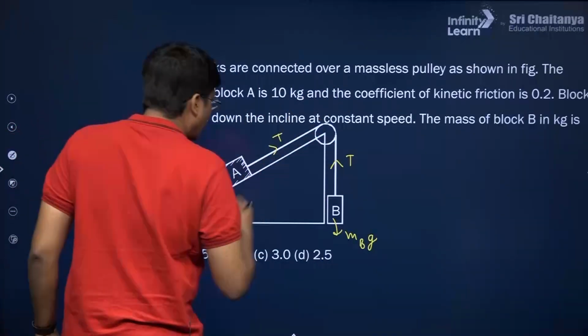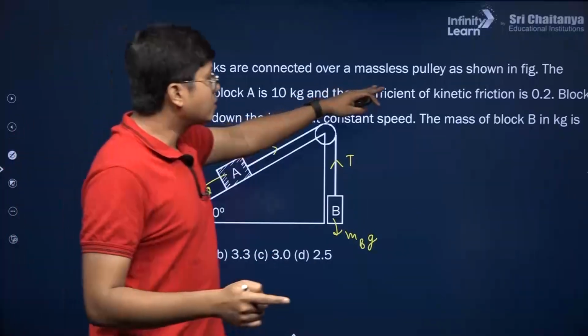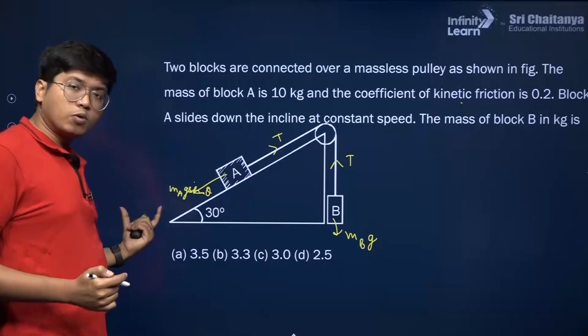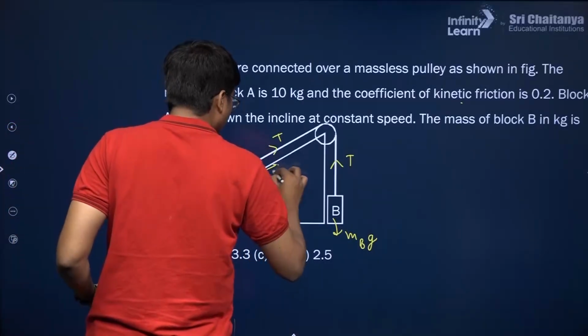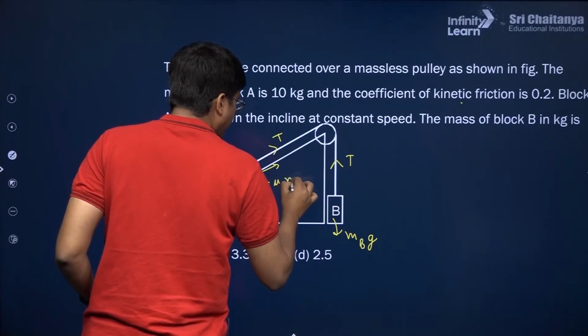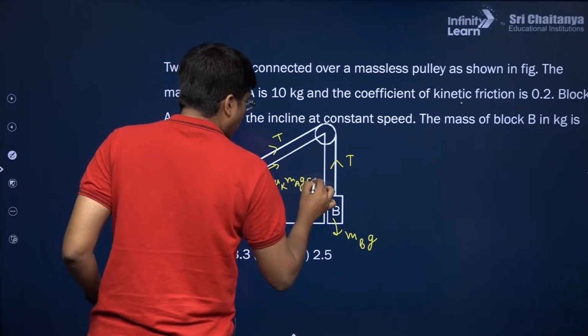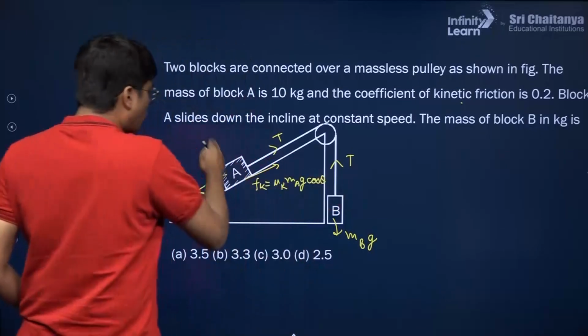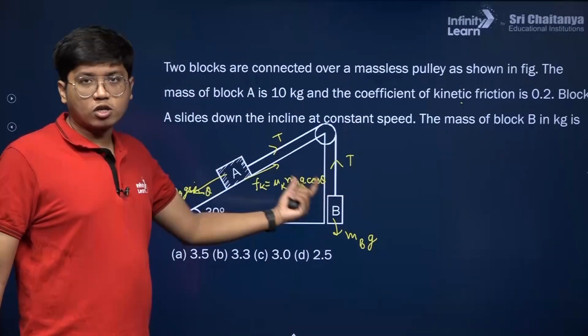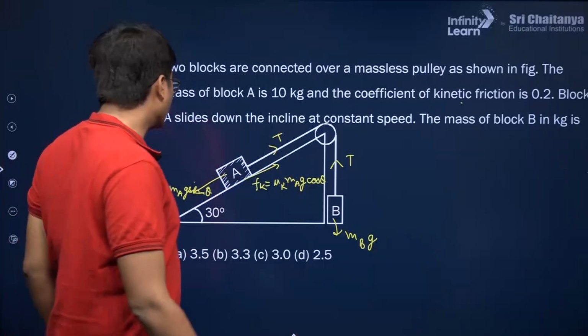So we know the tension value, and I also know that there is going to be a kinetic friction in this direction because it's sliding down. So the kinetic friction Fk would be equal to mu k into MA G cos theta. Because the cos theta component was perpendicular, the normal reaction would have been MA G cos theta, multiplied with the coefficient of friction.